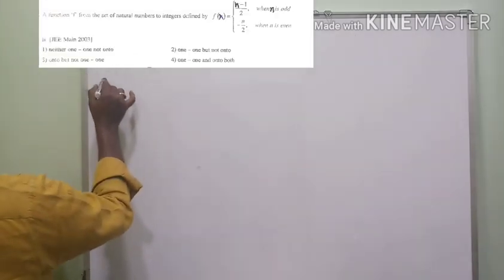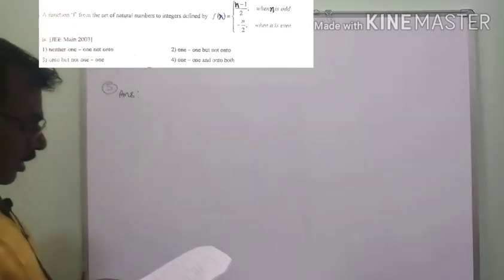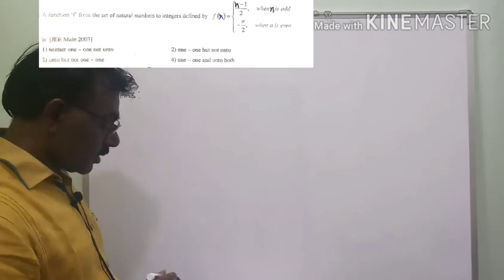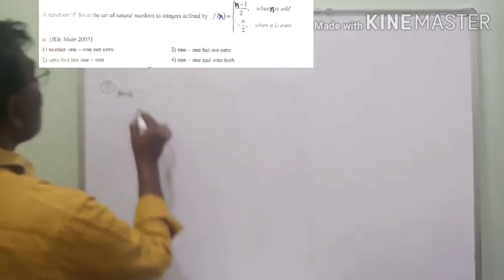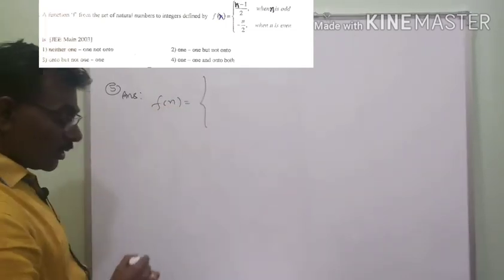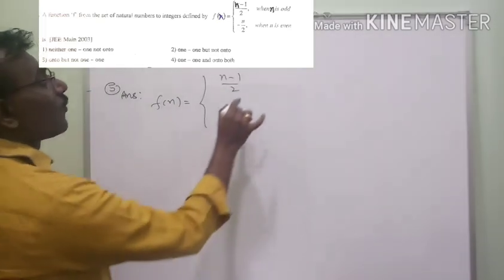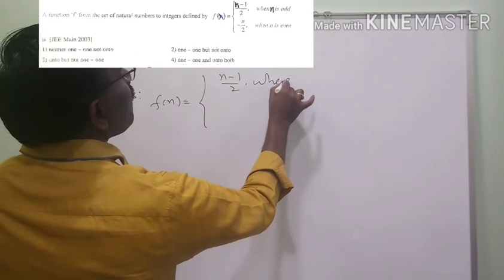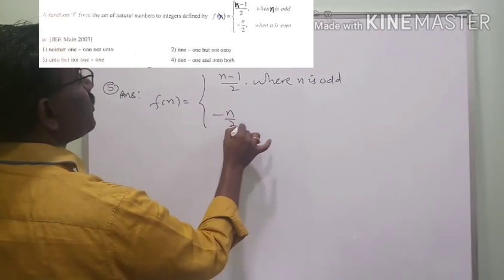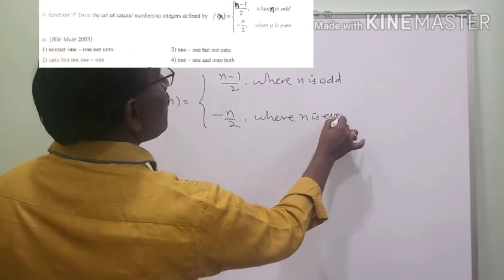Now problem number 5. Okay. A function f from the set of natural numbers, f of n is equal to n minus 1 by 2 where n is odd, minus n by 2 where n is even.